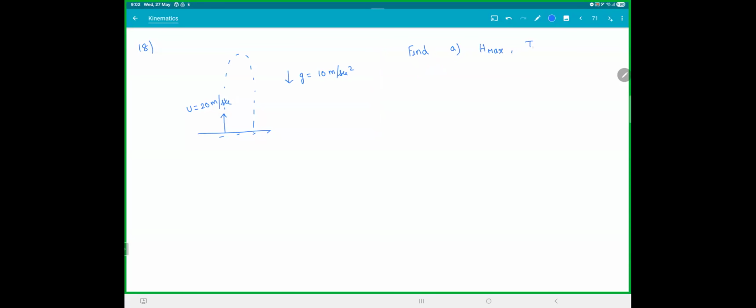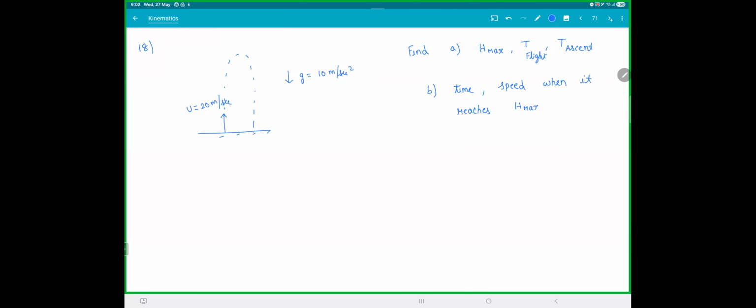Find Hmax, find time of flight, find time of ascent. Yeah, just formula substitution. Find time and speed when it reaches h max by 2.